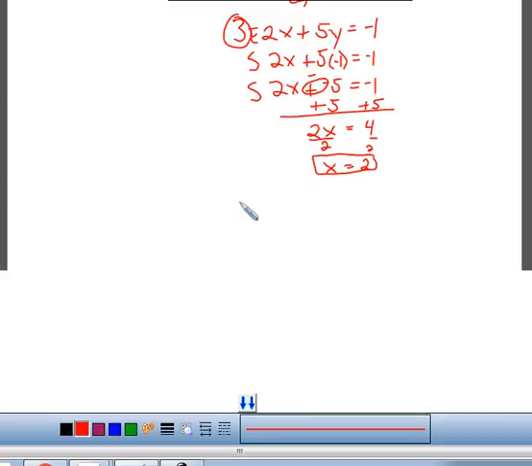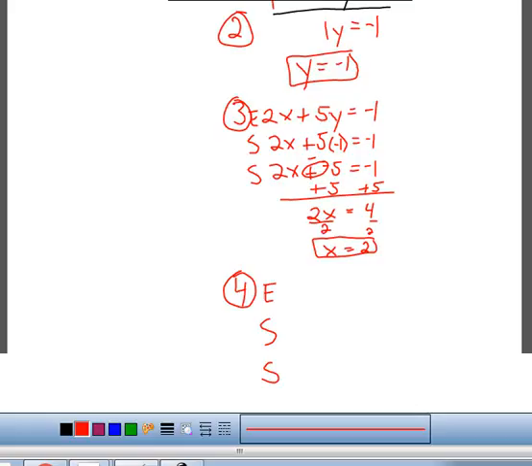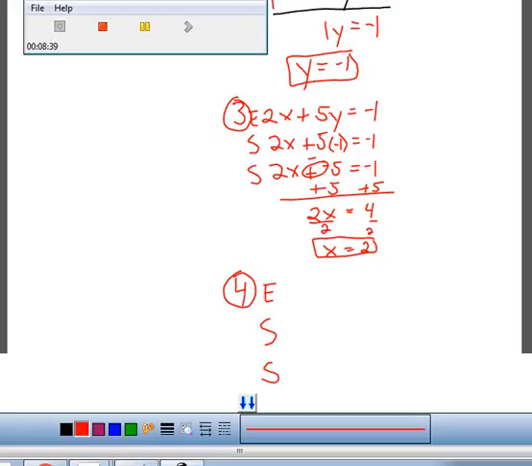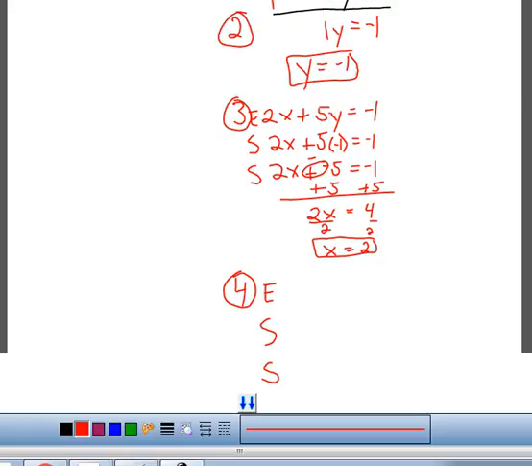Let's see step 4. I need the other equation, and the other equation, which I can't see, is x plus 2y equals 0.